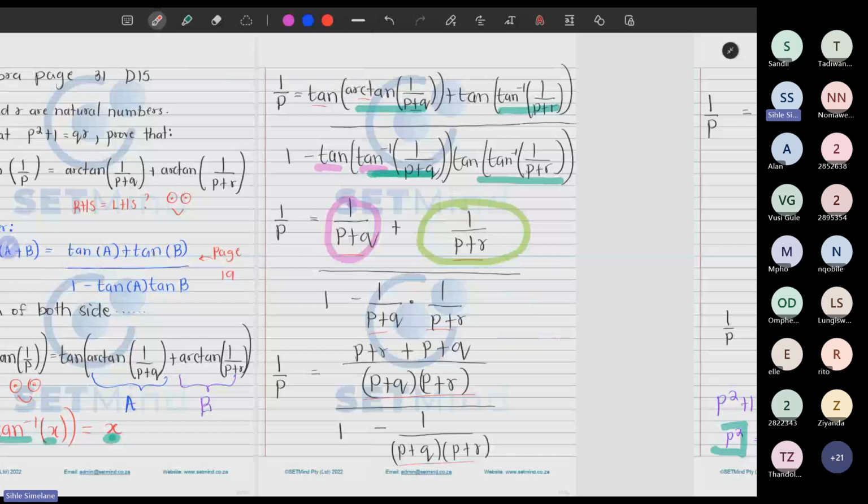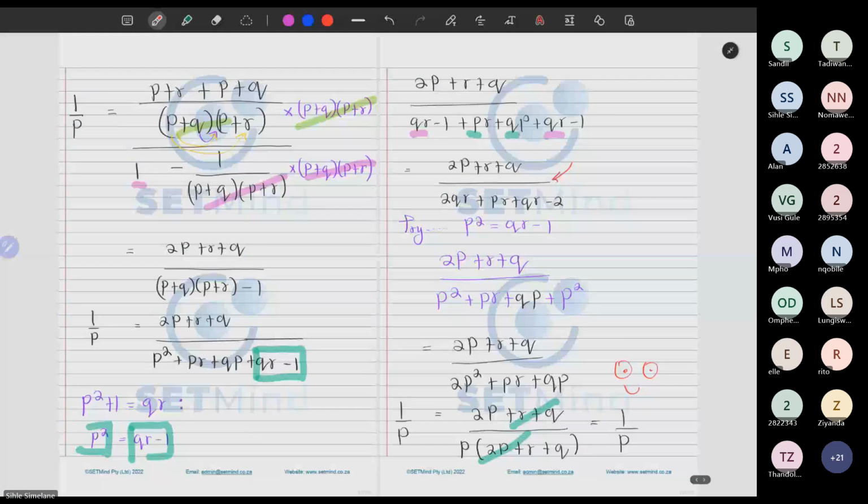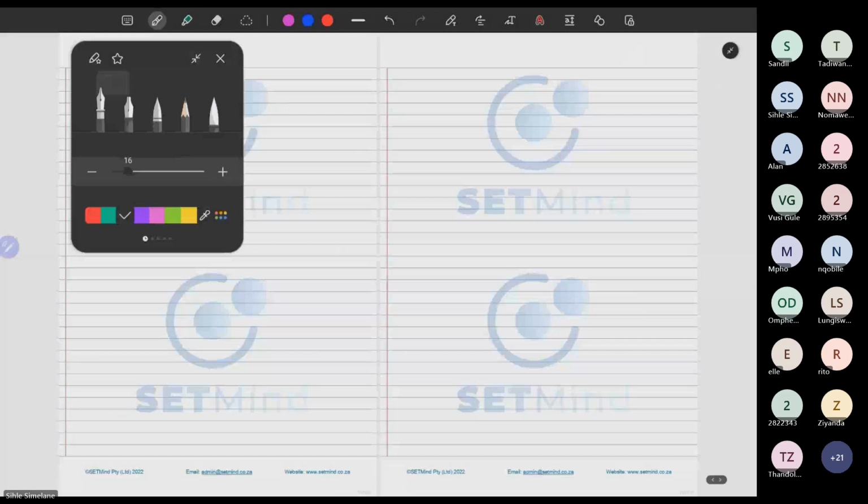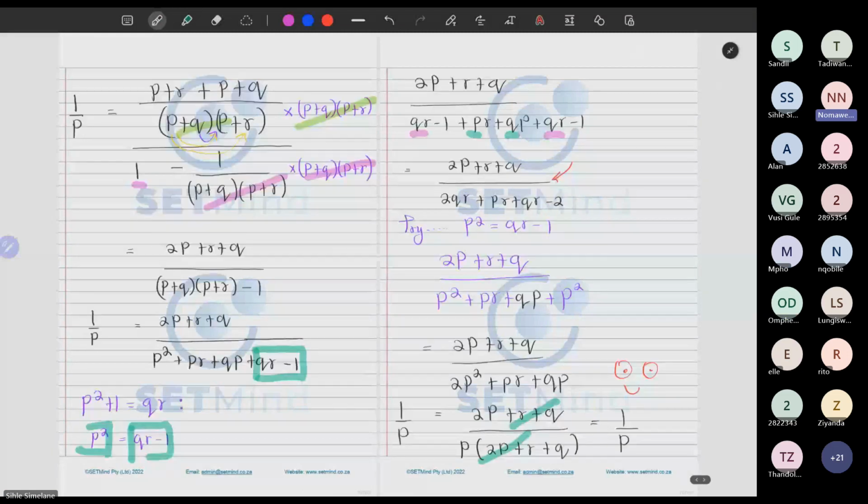Anyone in the session who has a question, please go ahead and ask. Which question did you get stuck on? And let's see if we can try and figure it out. You can go ahead and ask.